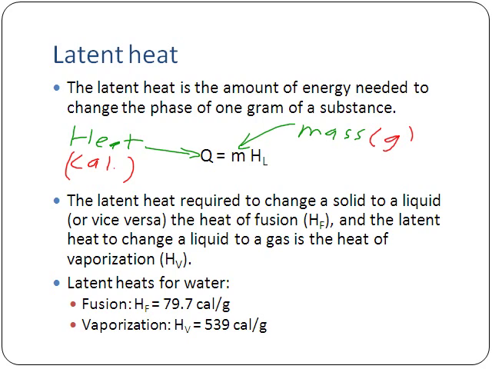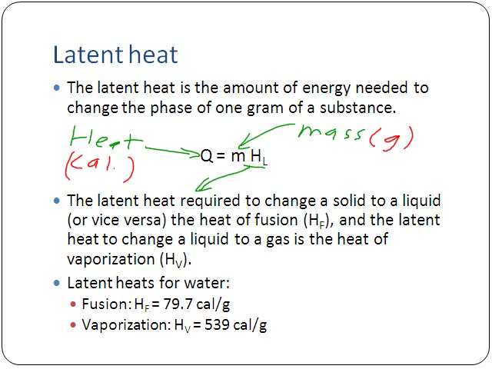And then our last one, H_L right here, is called the latent heat, or the latent heat constant. So we're going to talk about it down here. The latent heat required has one of two forms, because there are two phase transitions we're going to talk about in chemistry. Those are from solid to liquid or liquid to solid, so melting or freezing, and from liquid to gas or gas to liquid, vaporization or condensation.